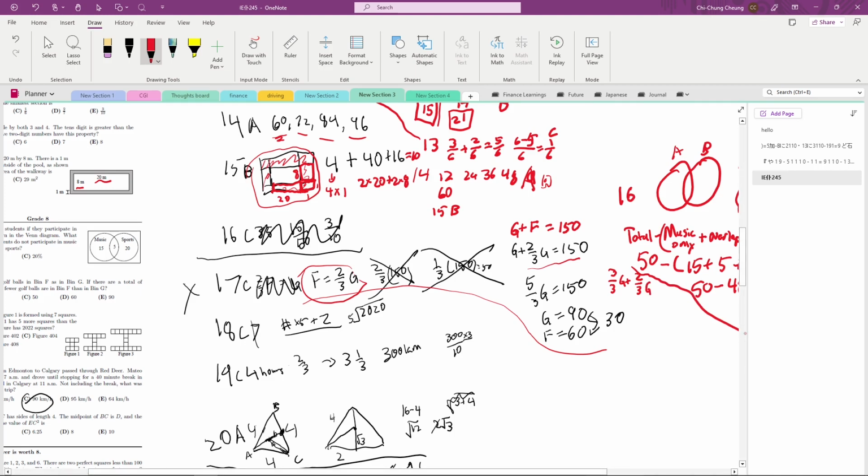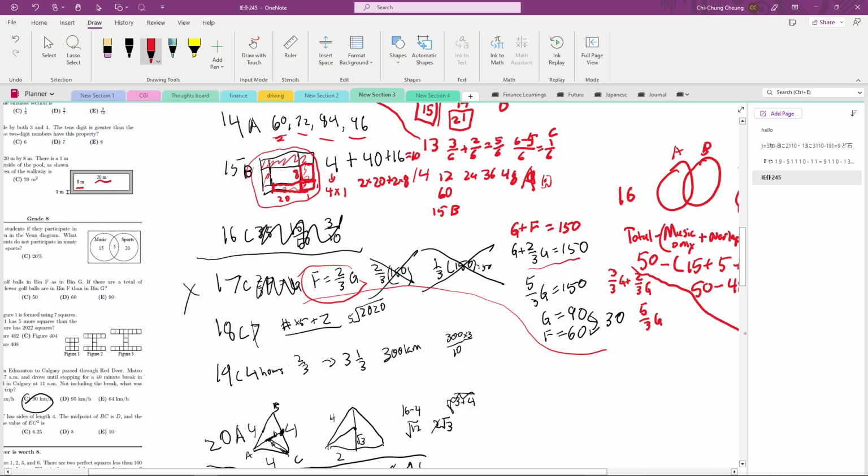And then 3 plus 2 is 5/3 G. And then now you simplify, actually divide by 5 first, because that's easy. 150 divided by 5 is 30, and then times the 3, that's 90. So G equals 3 times 30, which is 90.